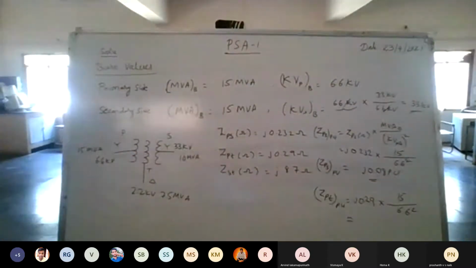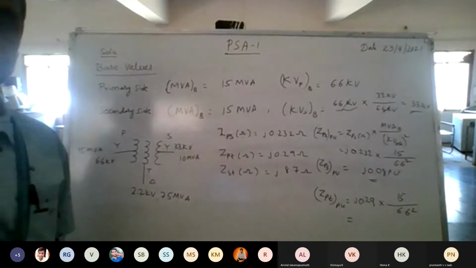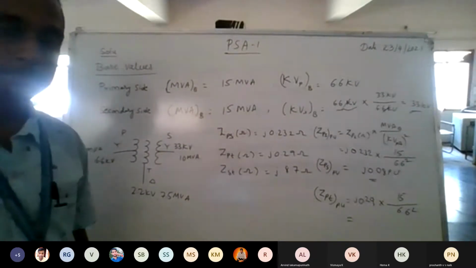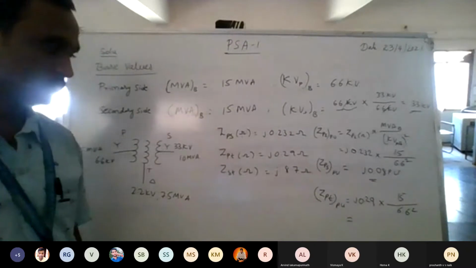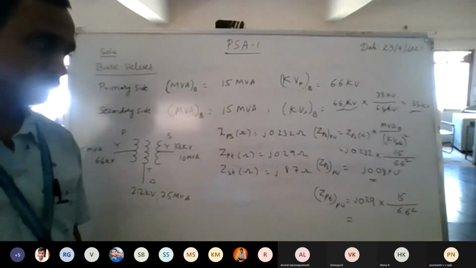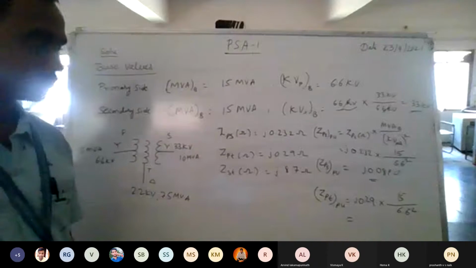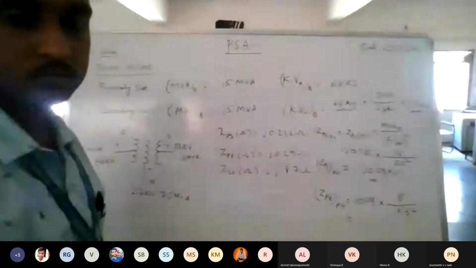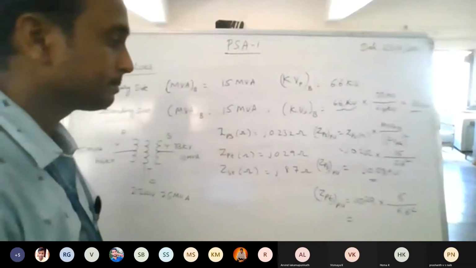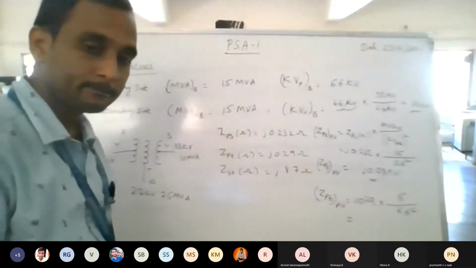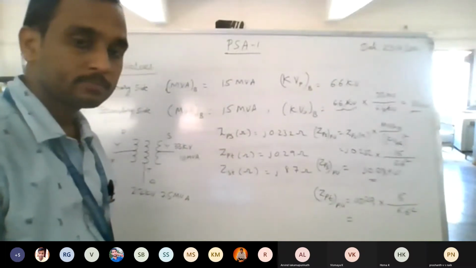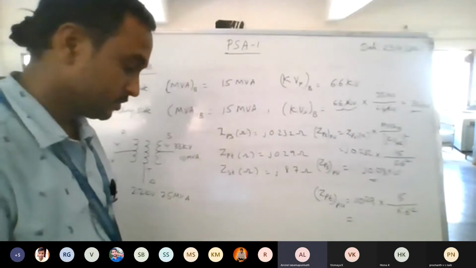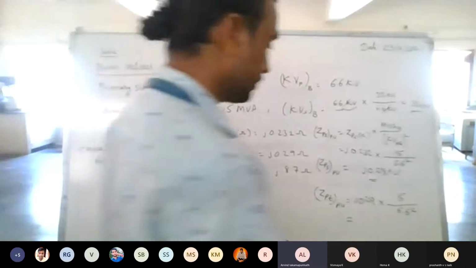Calculate this. How much is it? J0.1. J0.1 per unit.